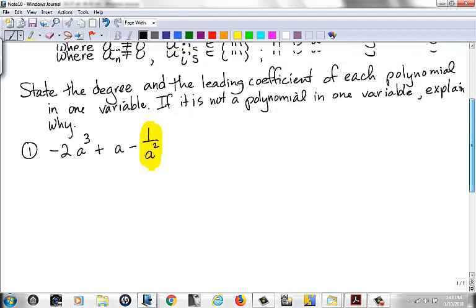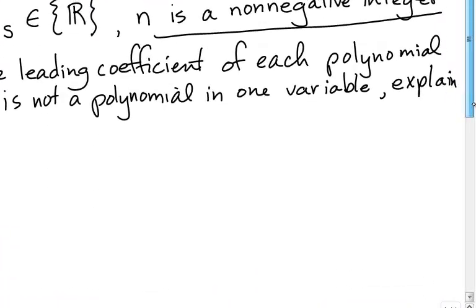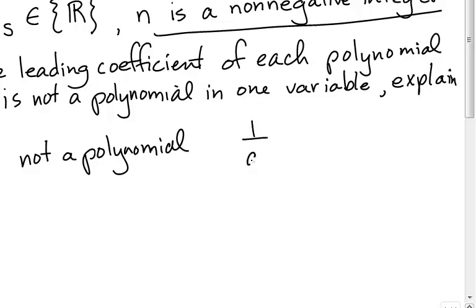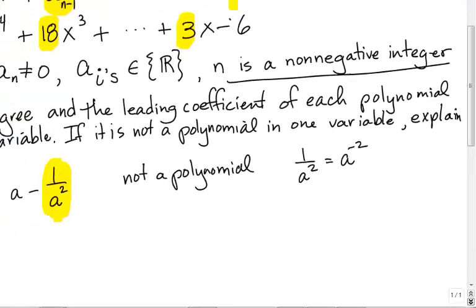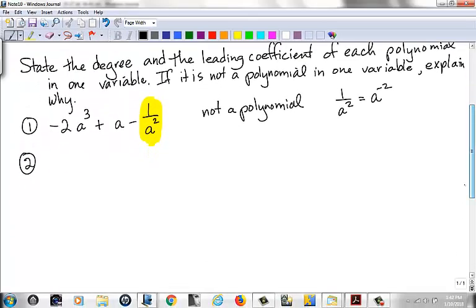A to the negative 2 power. Can we have a negative exponent? No. So this one is not a polynomial. For this part, you just say not a polynomial, and our reason is that would be written as a to the negative 2. We can't have a negative exponent. That's good enough.